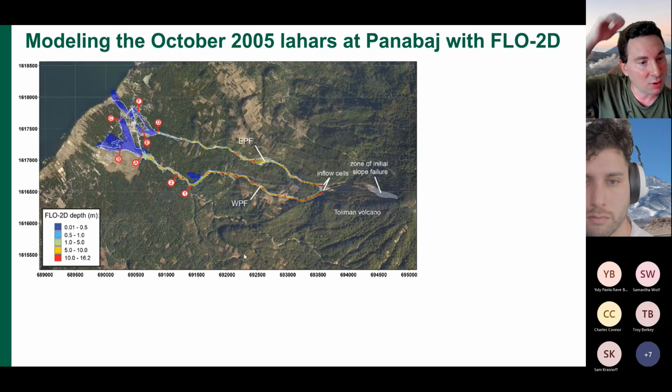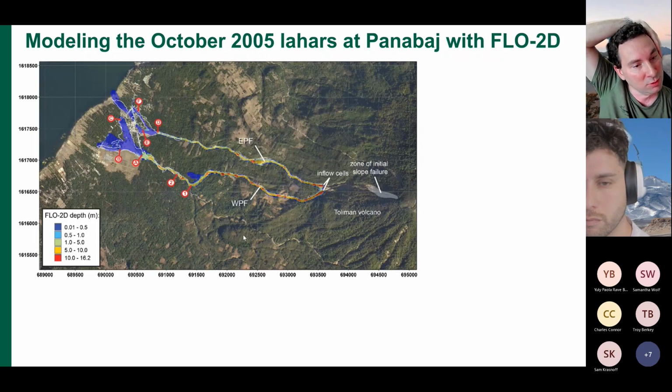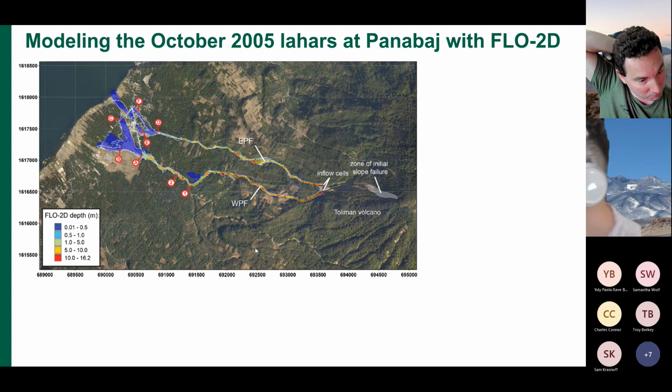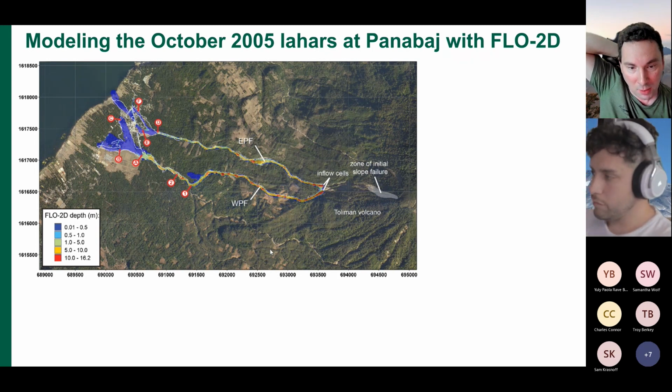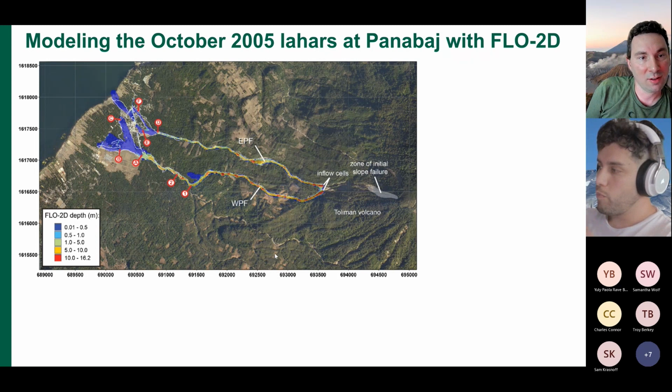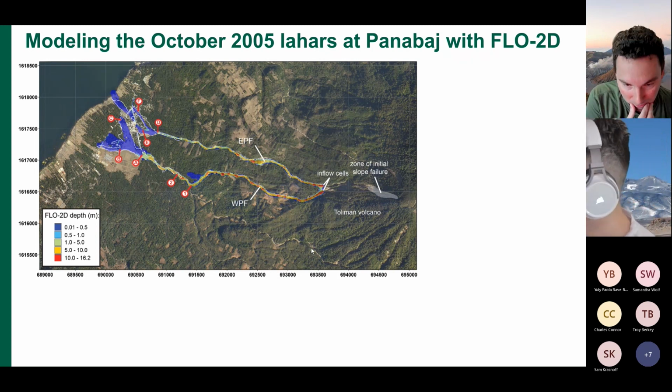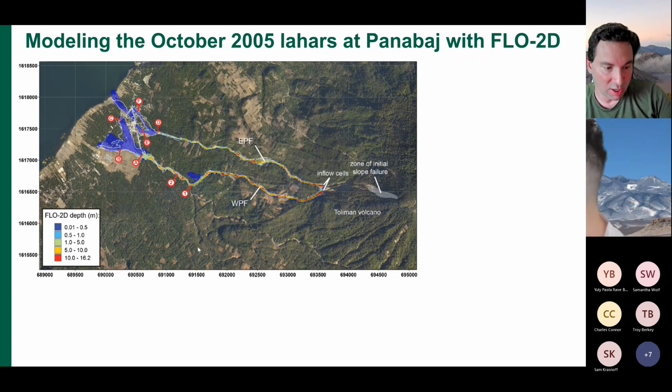So one of the first models and case studies we used with Chuck was the Panabaj lahars in Guatemala, in the Atitlan caldera, that occurred in October 2005, after the tropical storm Stan that destroyed the village of Panabaj.